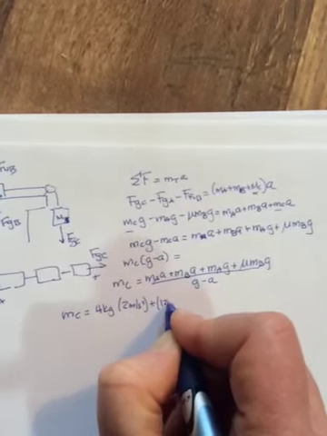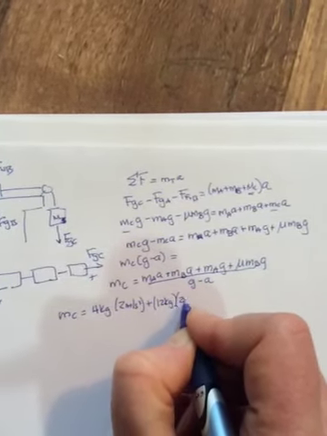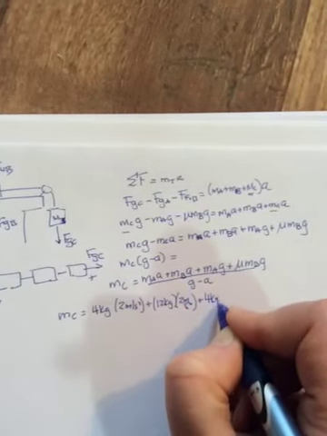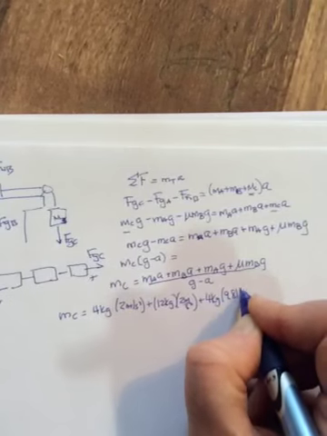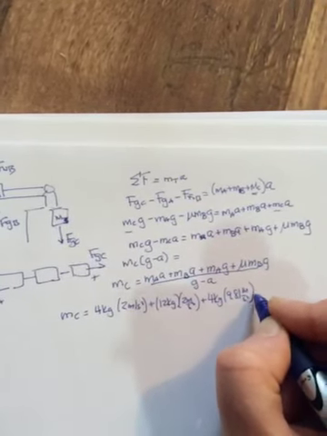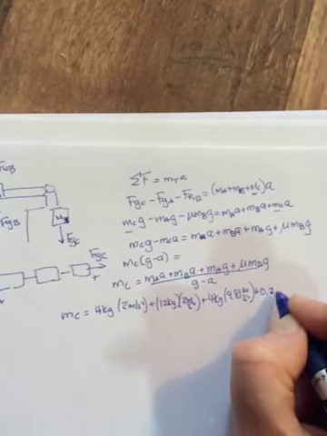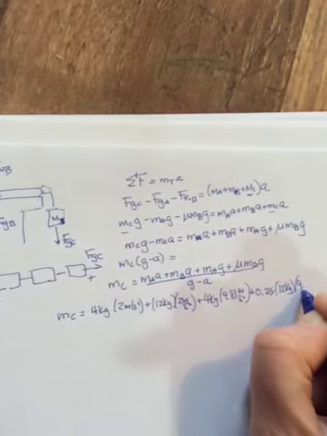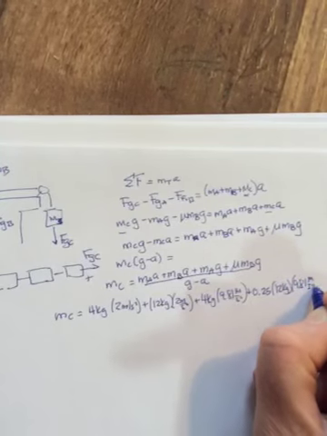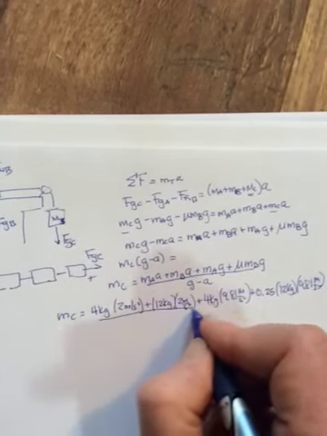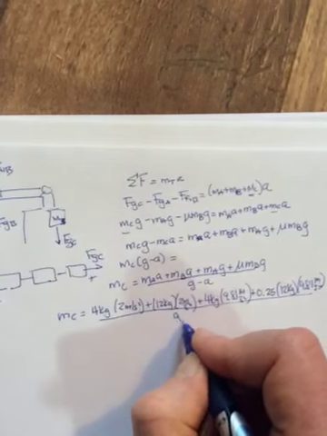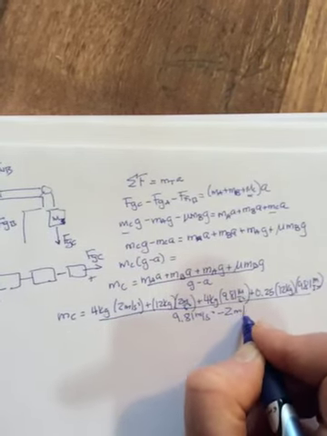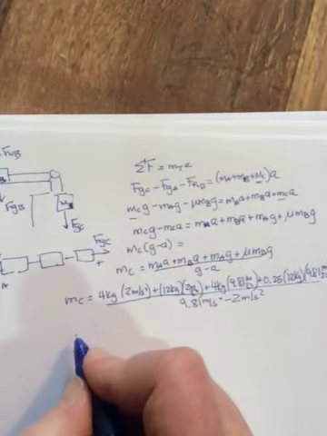B was 12 kilograms, 2 meters per second squared. 4 kilograms times 9.81 meters per second squared plus 0.25 times 12 times 9.81 meters per second squared. And on the bottom, 9.81 minus 2, so on the bottom, 7.81.